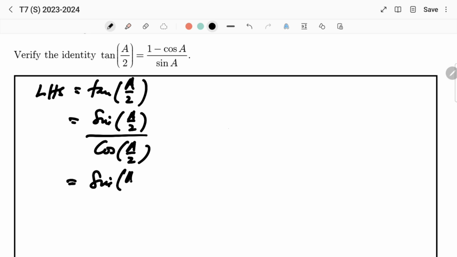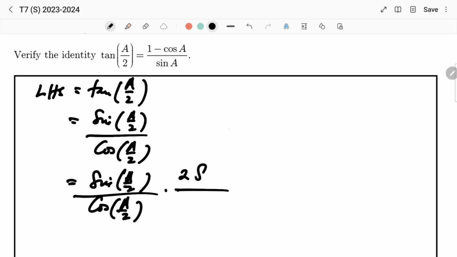So sine A over 2 over cos A over 2, and then we multiply numerator and denominator by 2 sine of A over 2.